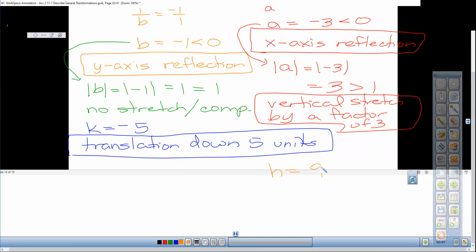When H is negative, we move to the left because that's the negative direction from the origin. So because we have a positive 9, that means that we have a translation to the right 9 units.